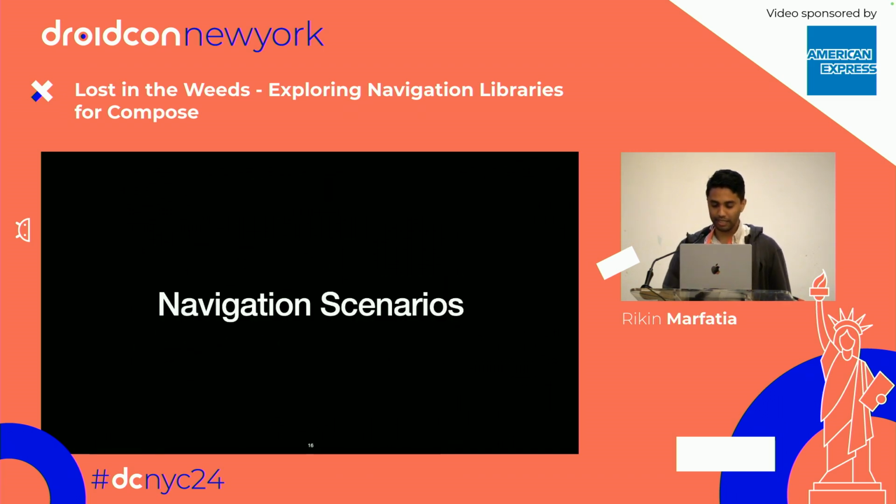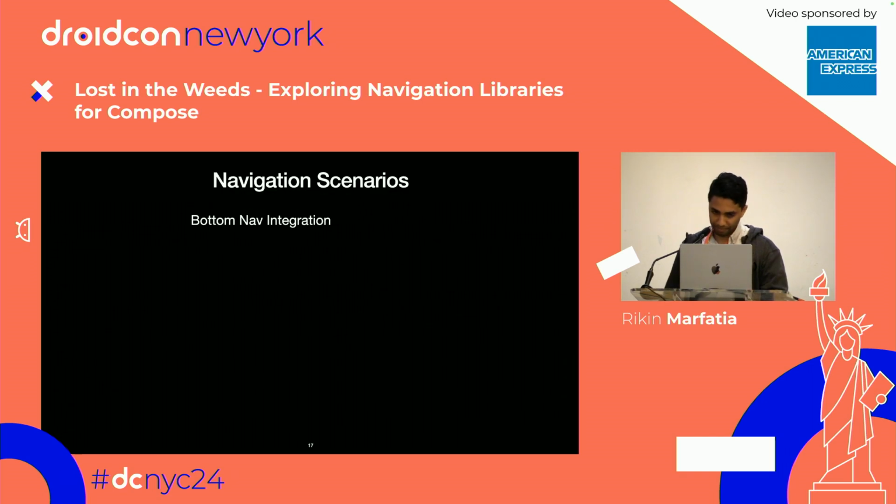The scenarios that I want to cover are, one, integration with a common navigation component. I'm going to look at how these libraries integrate with a bottom nav, or a navigation bar, I think is what the newer one is called. Two, logic-dependent navigation, at least what I'm referring to as logic-dependent navigation.